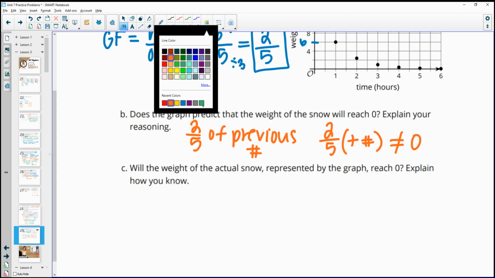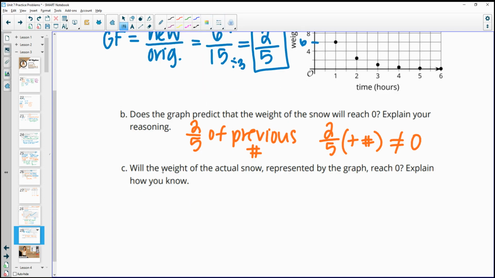Now, will the weight of the snow actually equal 0? Yes, because all the snow is going to melt.